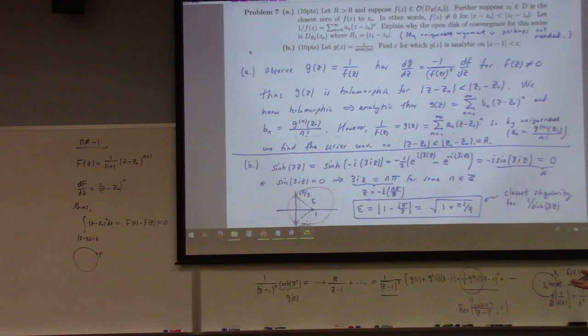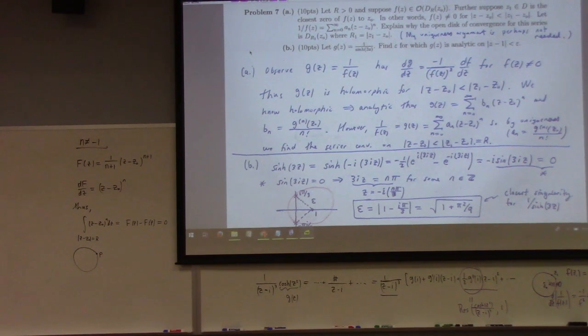I have used this. We had a theorem at some point which said that the closest zero, I mean the closest pole... I think we had a theorem that if you have, well, this is the thing, do we have that theorem? Curses.